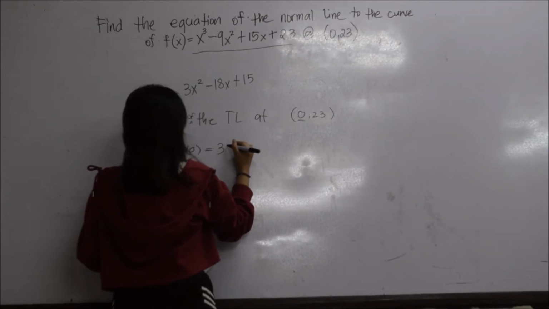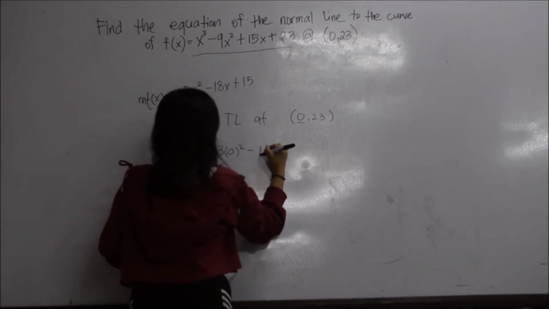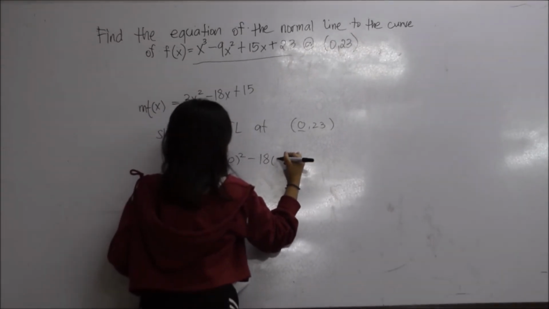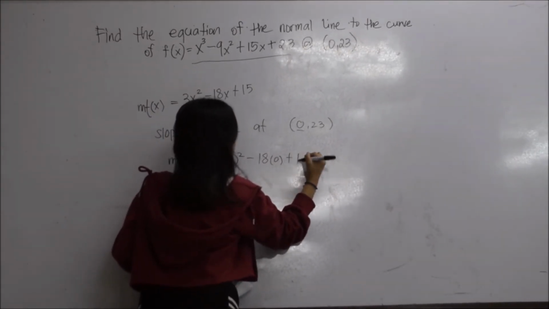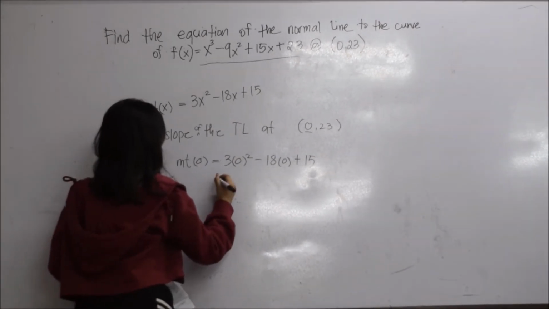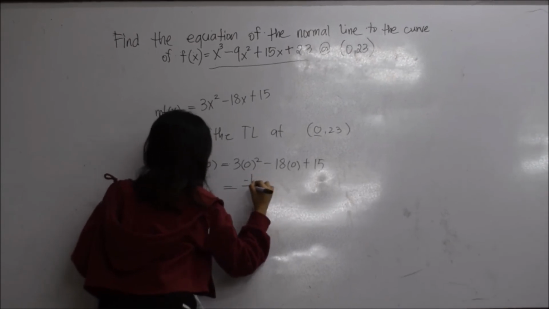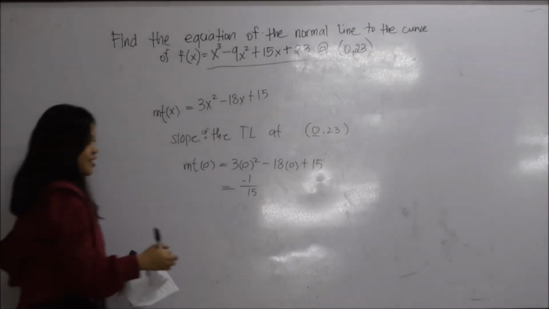Equals 3 times 0 to the power of 2 minus 18 times 0 plus 15. It is equal to 15.